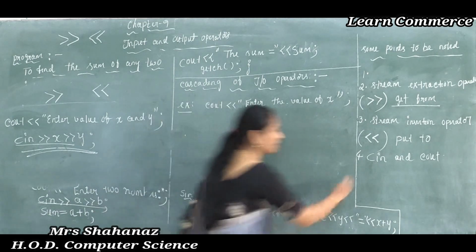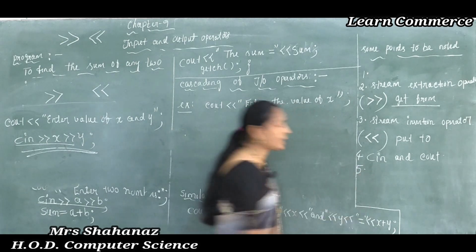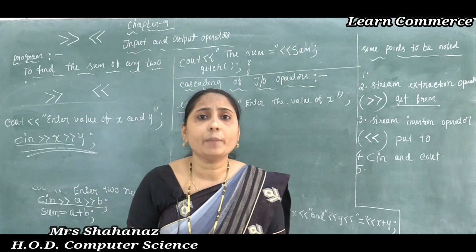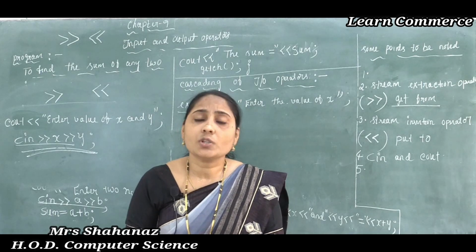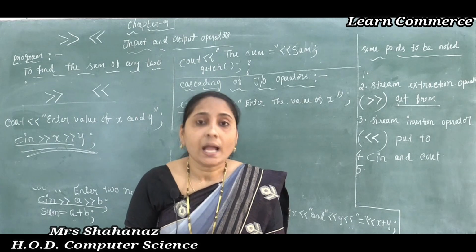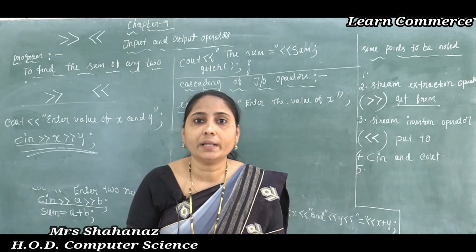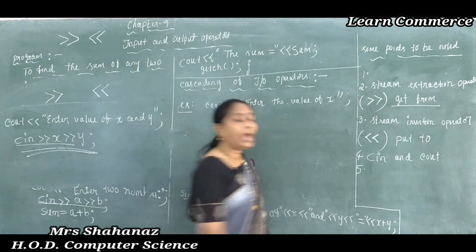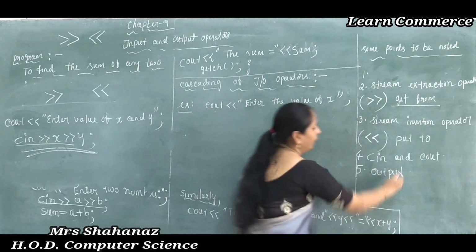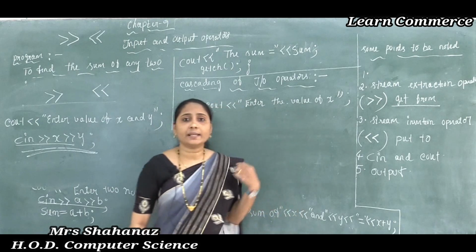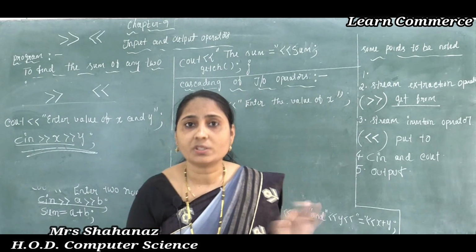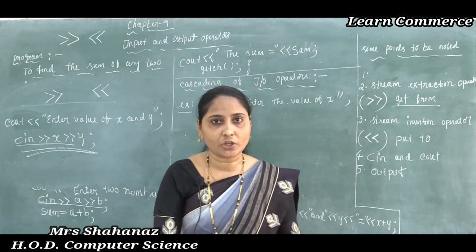So this is about cin and cout. And later we can talk about the manipulators. What about manipulators? Manipulators are operators that are used along with the output, that is, only in the case of the stream insertion operator.